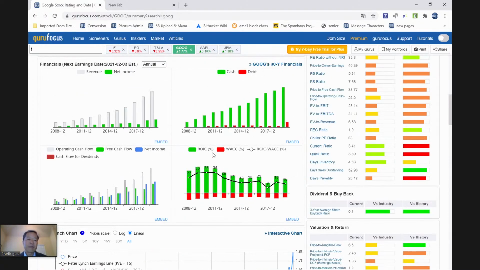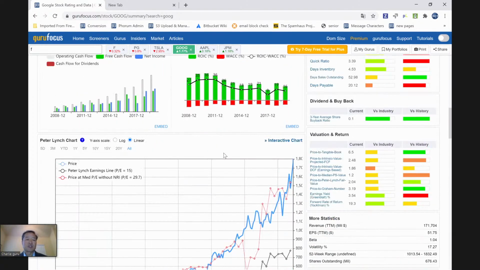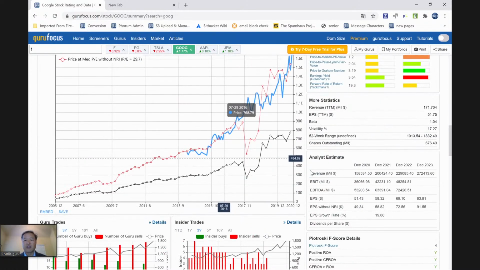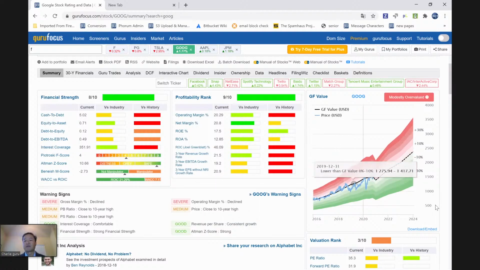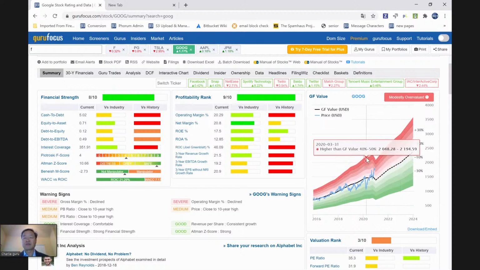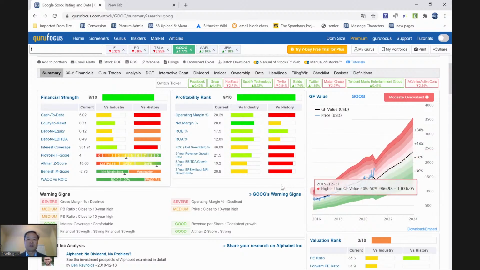And based on Peter Lynch's earnings line, we developed this GF value line, and we think it's an even better indication of valuation, because it works for a lot more companies, and historically we did lots of testing, and mostly the price comes back to the value line historically.